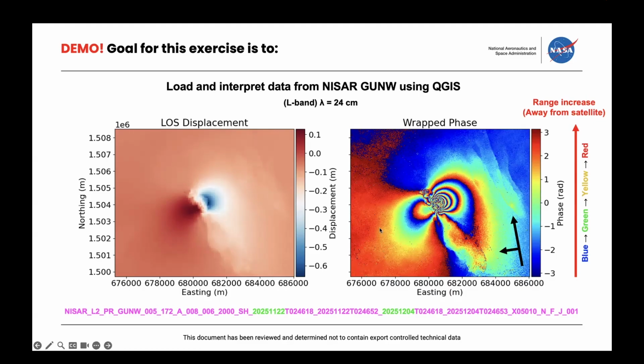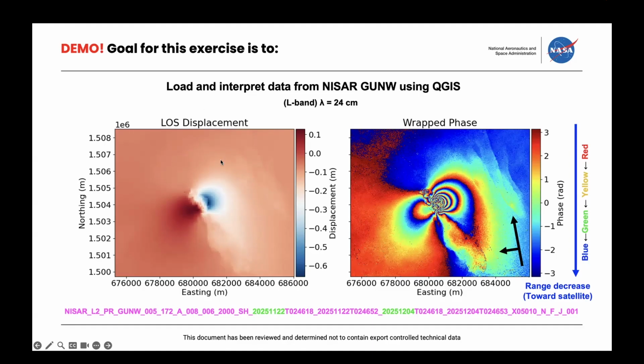The range increases. Whereas in this side, we have just one concentric fringe, and we can see that the color pattern is from red to yellow to green, and we don't see the blue here, but basically the pattern is from red, yellow, green to blue, and that means that we are in the range decrease side where this ground moves toward the satellite.